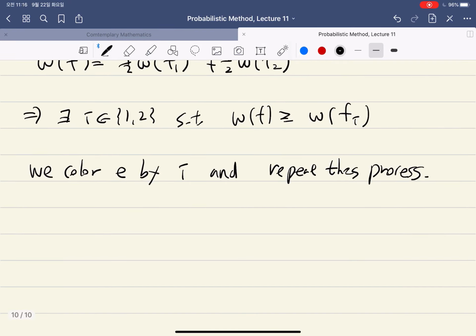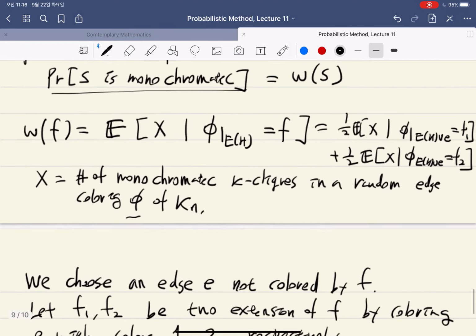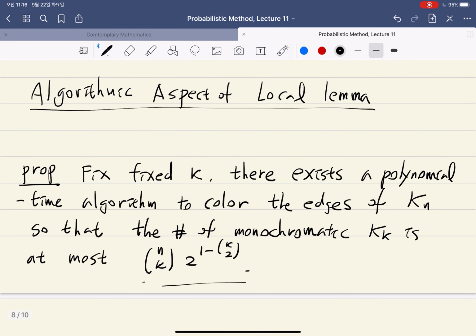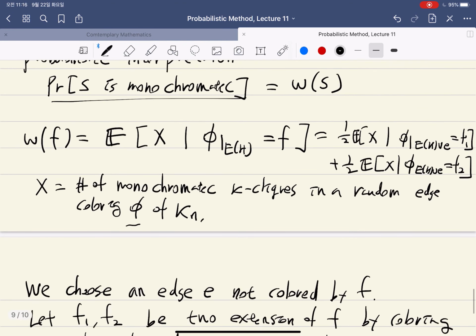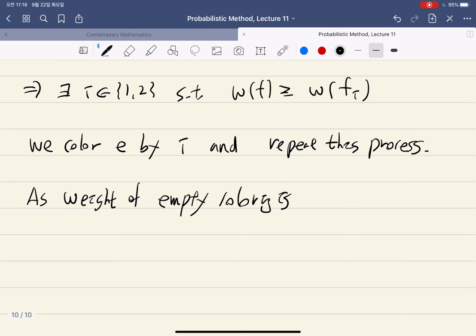Then what's the weight of the empty coloring? The weight of the empty coloring is the expectation of X without conditioning on anything. So that's exactly the target that we wanted, which is n choose k times 2 to the 1 minus k choose 2.